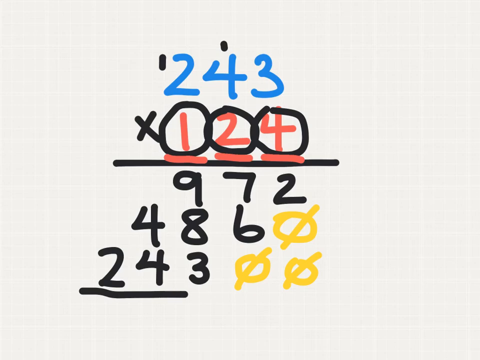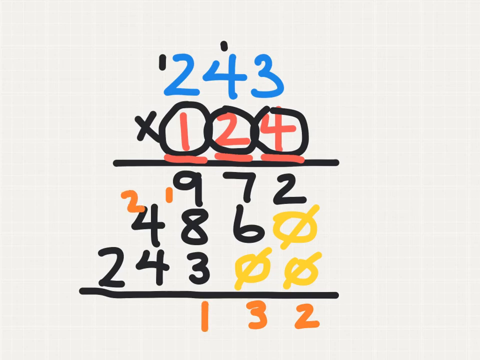We're done multiplying, so now we're going to add. 2 plus 0 is 2. 7 plus 6 plus 0 is 13. 9 plus 8 is 17, plus the 3 is 20, plus the 1 we carried is 21. 4 plus 4 is 8, plus the 2 is 10. 2 plus the 1 we carried is 3.